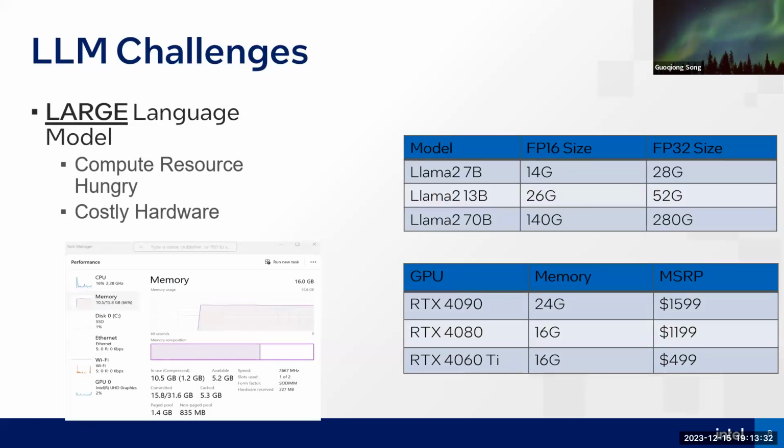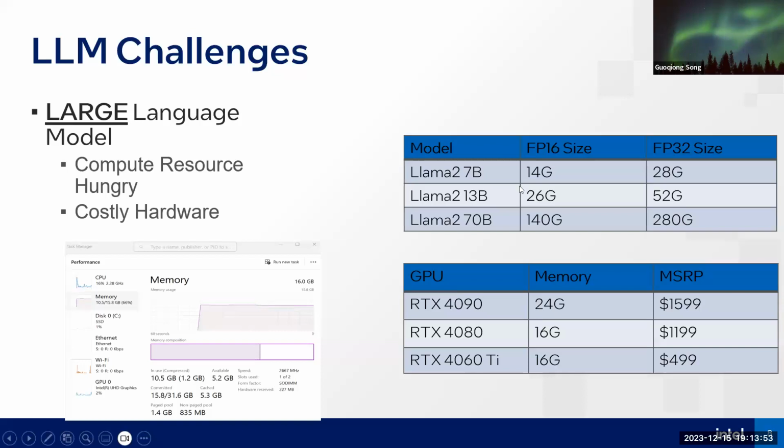Because the parameters are so big, we need a lot of resource, and it's very costly for the hardware. You can just say this is an RTX GPU price. Given this much memory, you have to pay more than around $1,600 for this GPU.